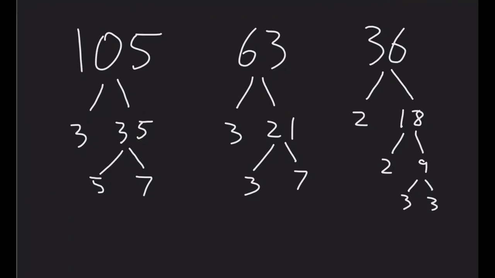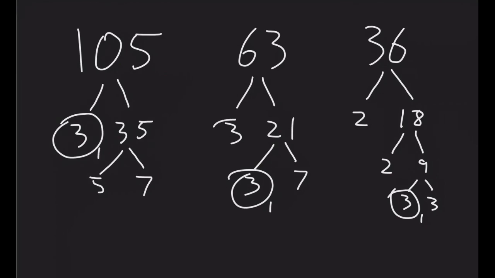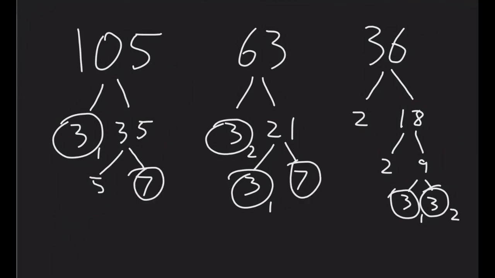So there are quite a few repeating prime factors here. There's a 3 repeated in all numbers, and then there's also a 3 repeated in 63 and 36, and then there's a 7 repeated in 105 and 63, and I think that's it.